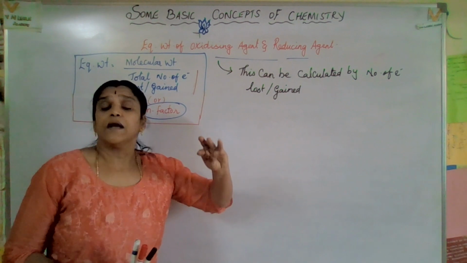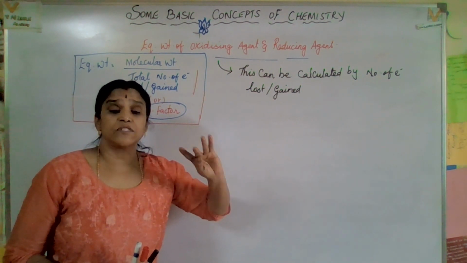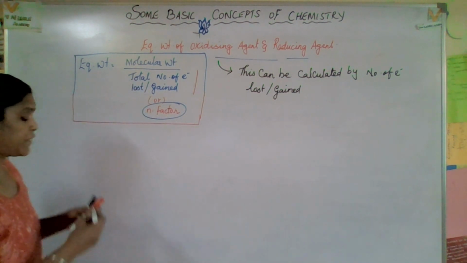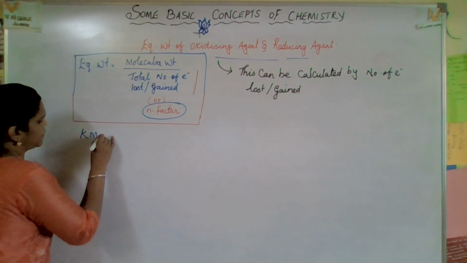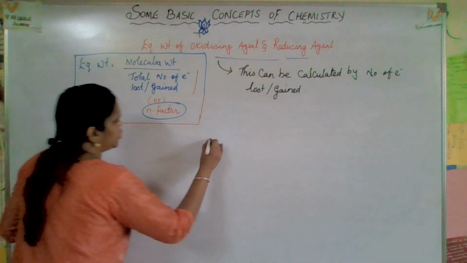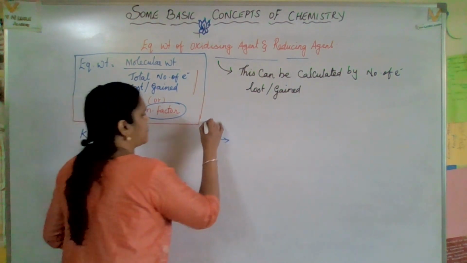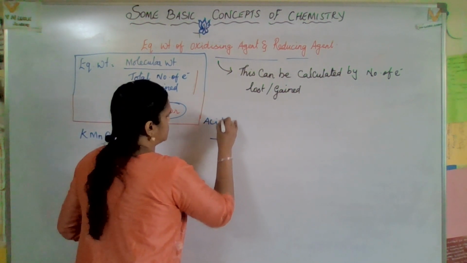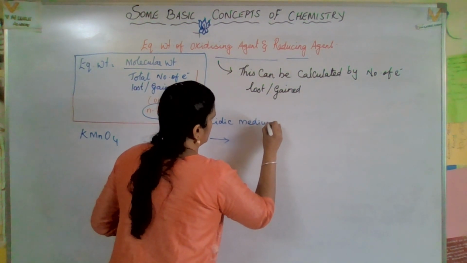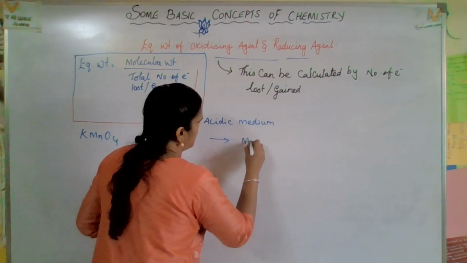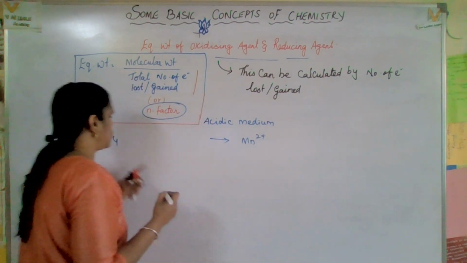Acidic medium, dilute alkaline medium, strong alkaline medium of KMnO4. So in acidic medium, KMnO4 gives Mn2+.